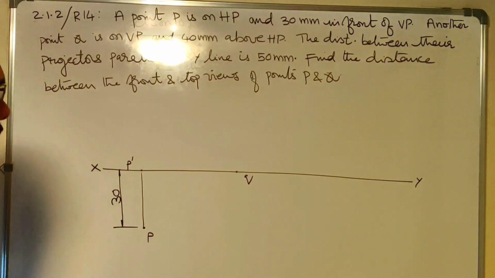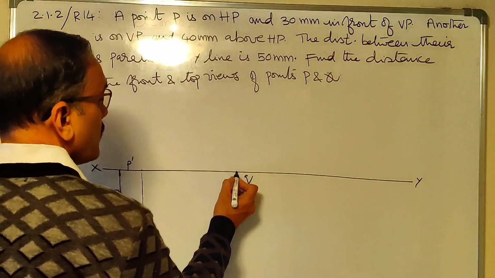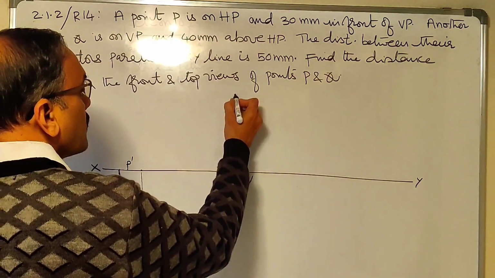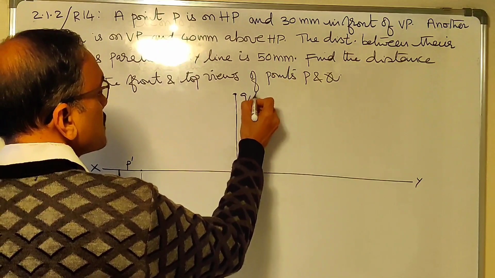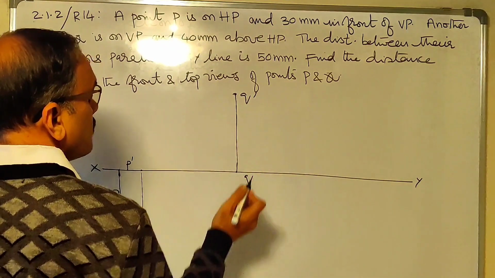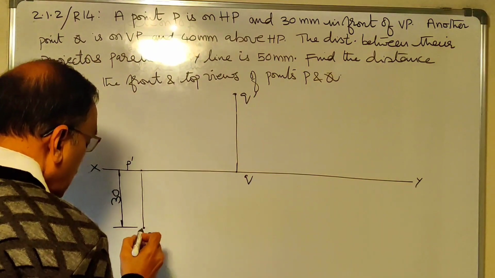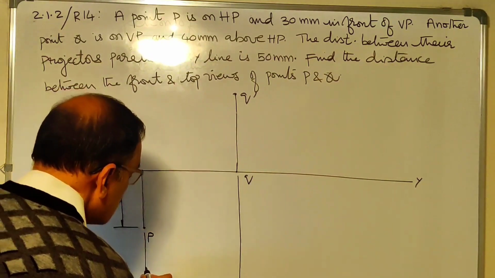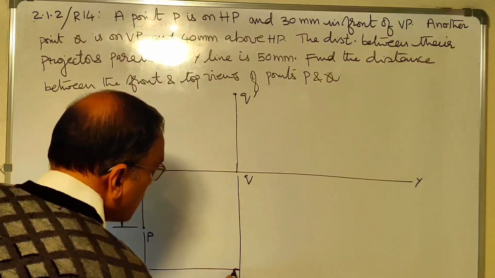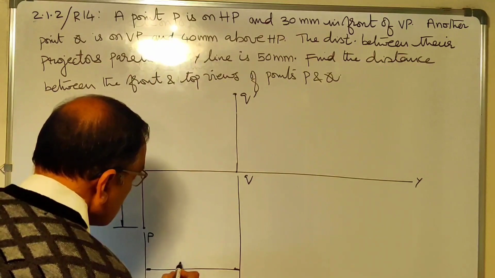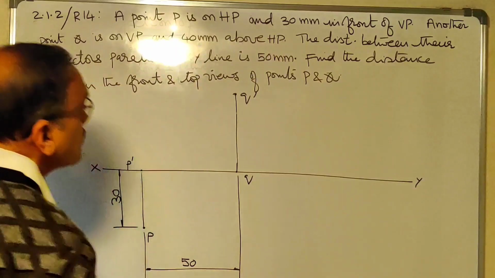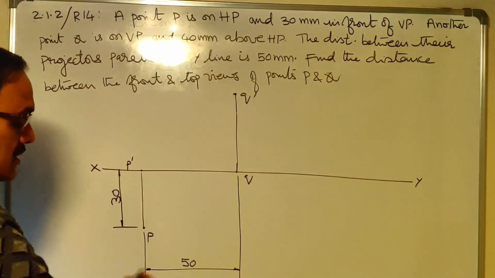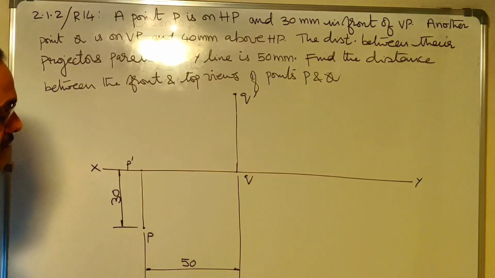And 40 mm above HP, so from here you can draw a line equal to 40 mm and represent that point as Q dash, the front view of Q. This distance, measured parallel to XY line, is 50. This is the distance between the projectors.